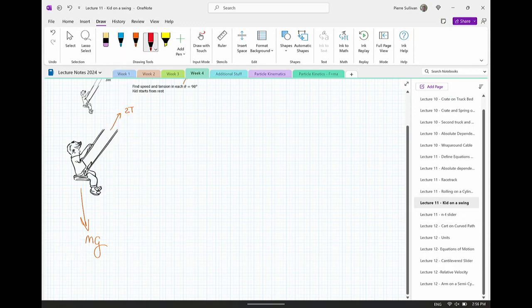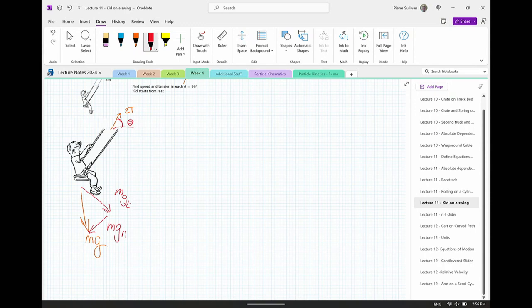And in there, for that arbitrary theta that I'm looking at, which I should define, I have a theta. I'm treating the kid as a particle, and so the child is at some angle theta, 2T in one direction, weight acting vertically downward, but at that same instant, you have tangential and normal components of the weight force that you can translate to the different directions.